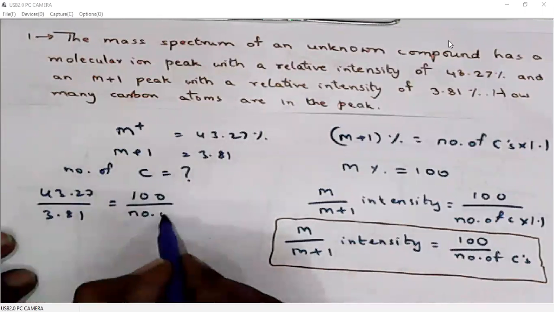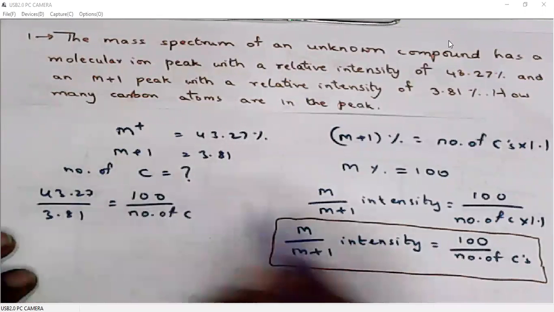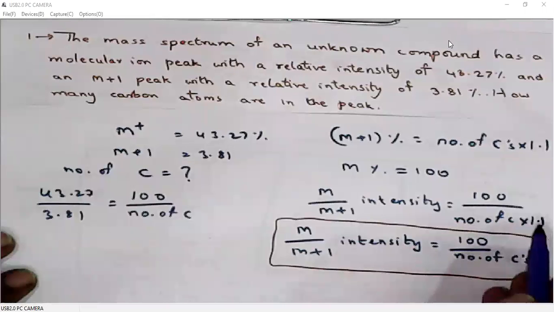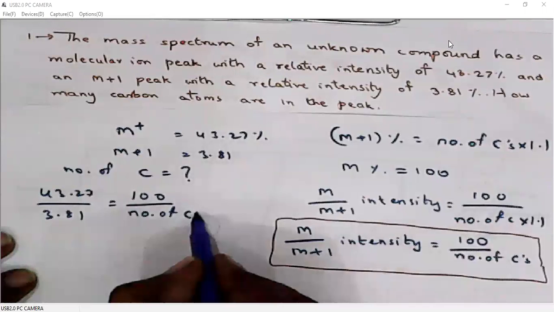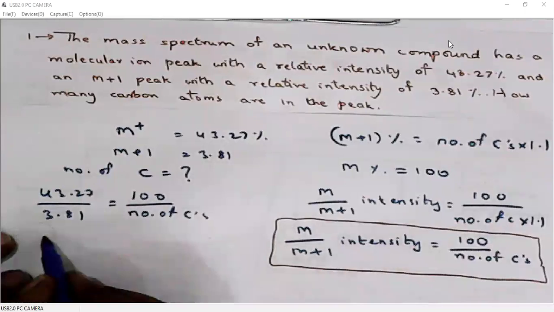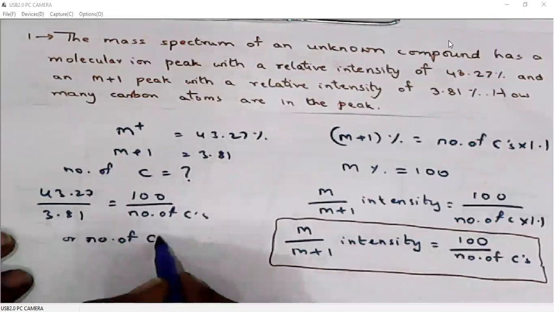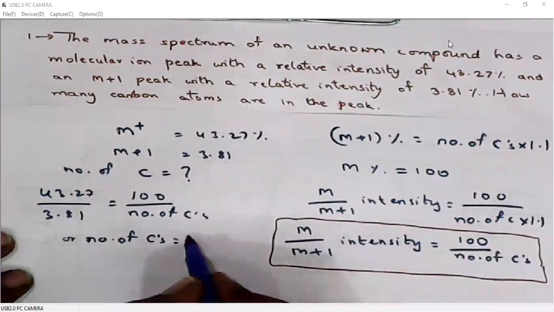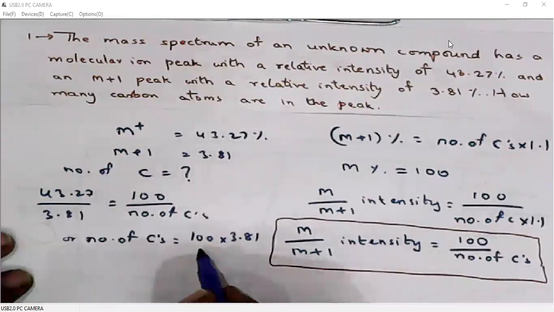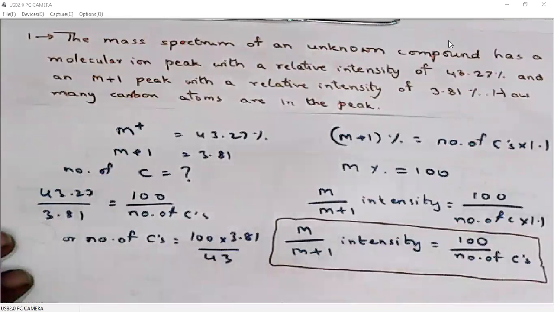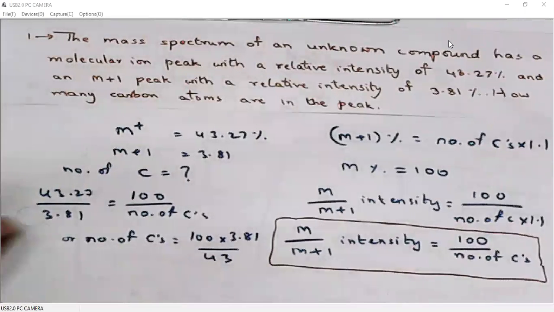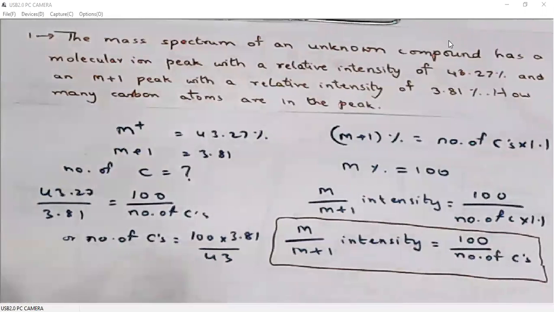Then the number of carbons is equal to 100 into 3.81 divided by 43. You can solve this, so I don't need to solve this problem. In this fashion, we can easily calculate the number of carbons.